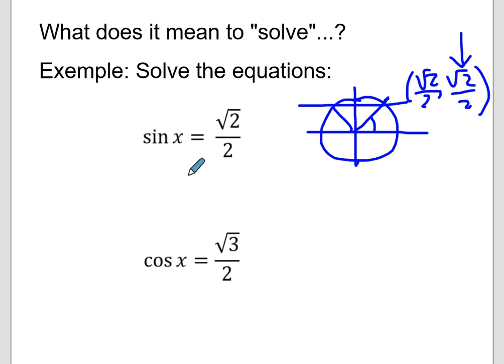So the first one, we know x is going to be equal to pi over 4. If you remember, when we count in pi over 4, this is 1 pi over 4, 2 pi over 4, 3 pi over 4. And if you continue, this would be 4 pi over 4, which is equal to pi, right? So we're looking for this one here. So your second one would be 3 pi over 4.